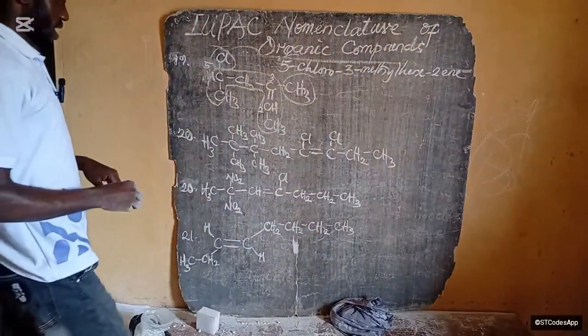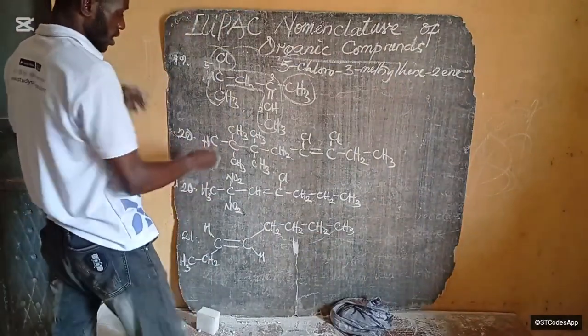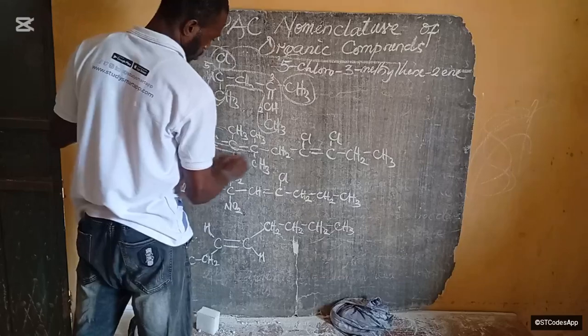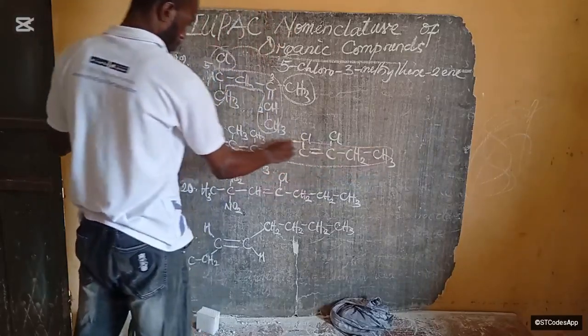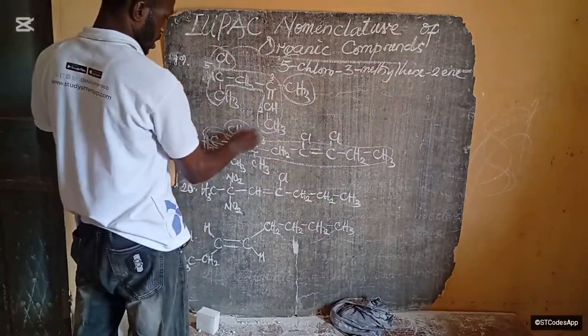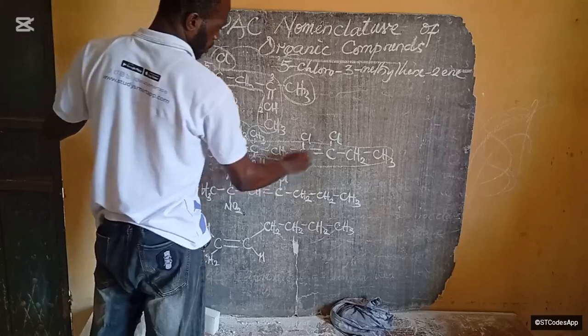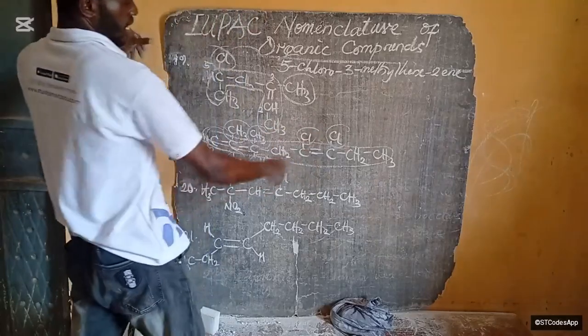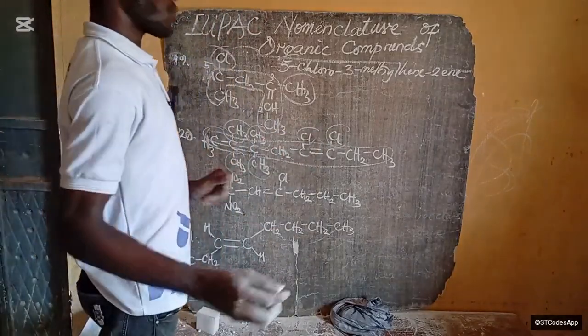Now the next guy here, obviously the longest carbon to carbon chain is going to be this. All right, so these are substituents. This guy is a substituent, this guy is a substituent, and they are the same. Now, there's also something you must see here.